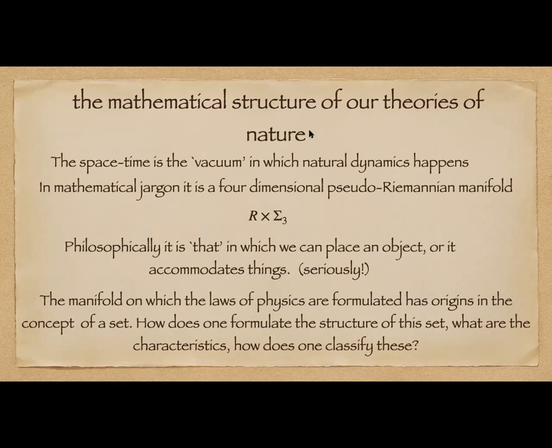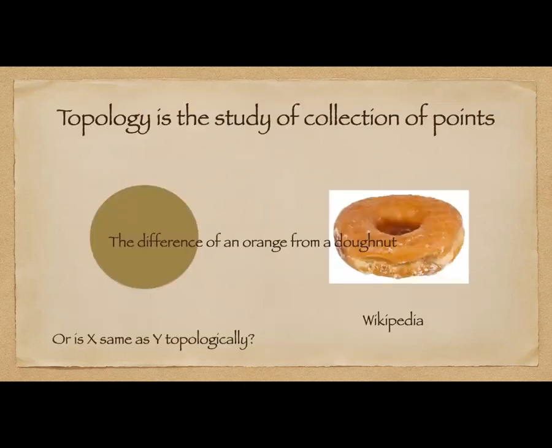Our space-time is an abstract set from the point of view of our visual perceptions or our senses or our consciousness. And it's very much hinged on the mathematical formulation of a manifold. So we have to learn what a manifold is, and then we formulate the dynamics of the particles and the interactions on that manifold.